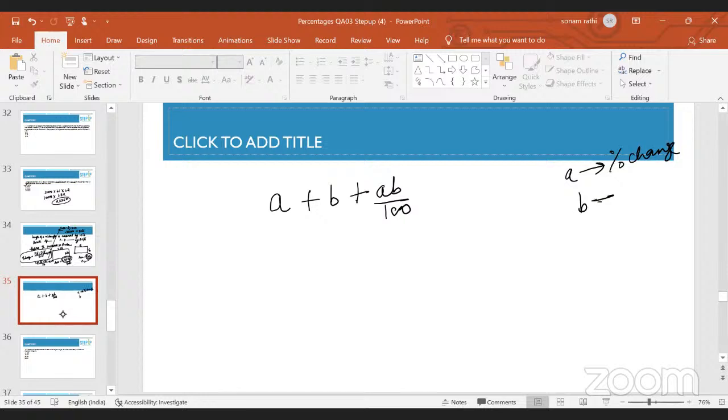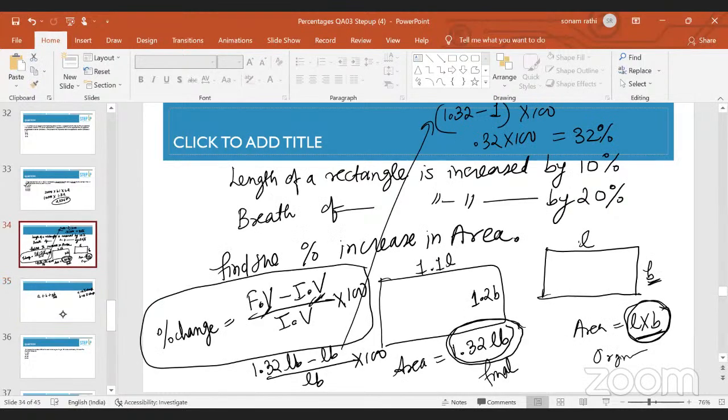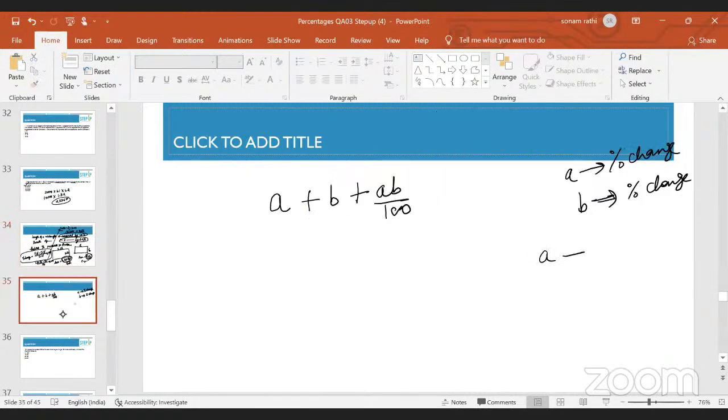B is the second percentage change. So what is our first percentage change? 10. Yes or no? It was increased by 10. And the second is increased by 20. So A is plus 10, B is plus 20. Put these values in this.